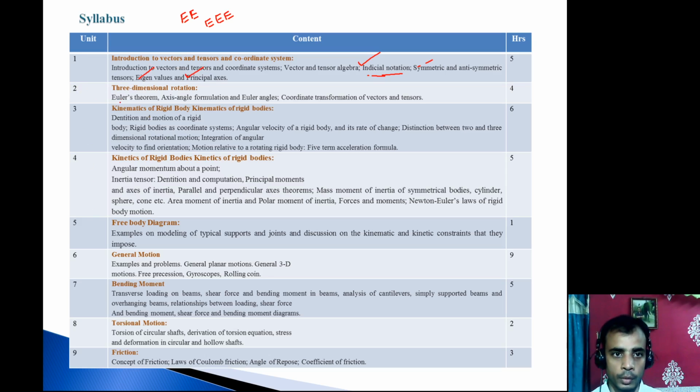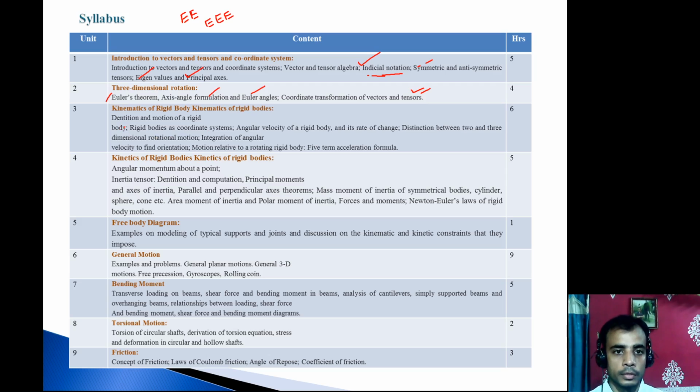And in the second module we will learn about the three-dimensional rotation, where we will learn the Euler theorem, axis angle formulation, Euler's angles, coordinate transformation of vectors as well as tensor. Okay, then we will move on to the dynamics part of this subject, that is the kinematics of rigid bodies.